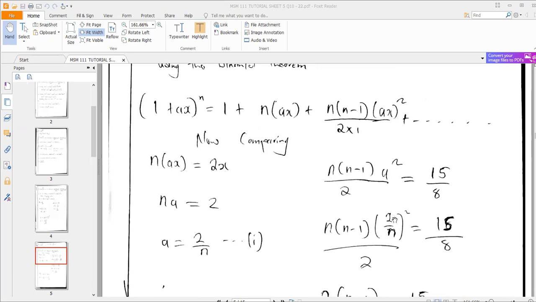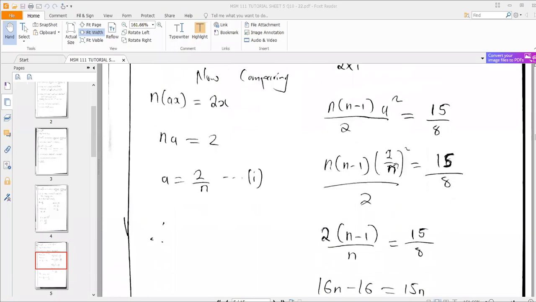When you square this, it gives you 4 over n squared. Now n squared times this n outside can easily cancel, so we remain with n down here. And this 2 can divide with the 4 up here. So you have something like 2 times n minus 1 over the n which remains there. When you do the manipulations, it is equal to 15 over 8.